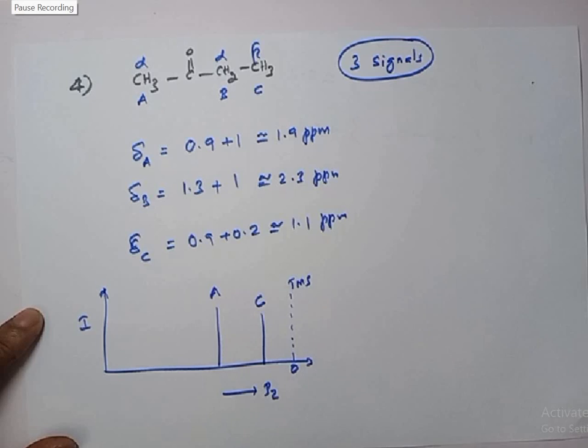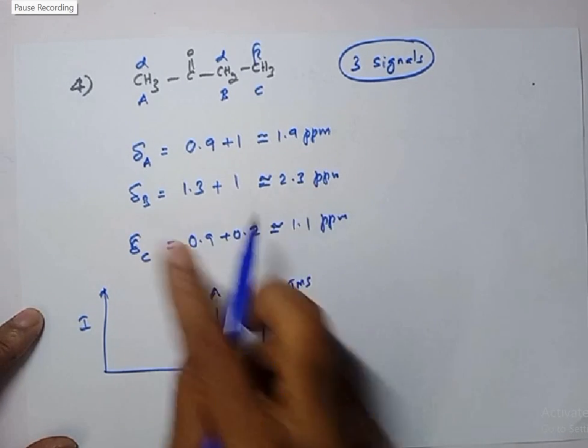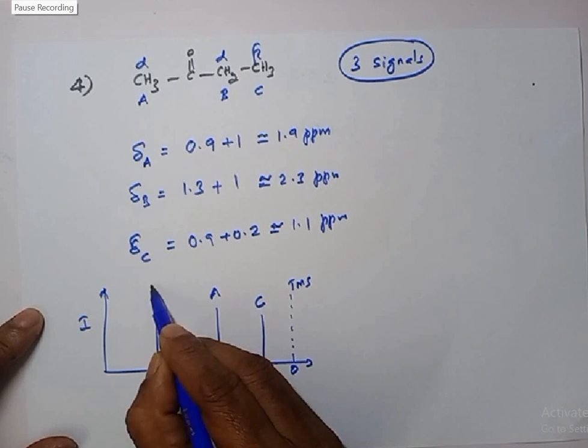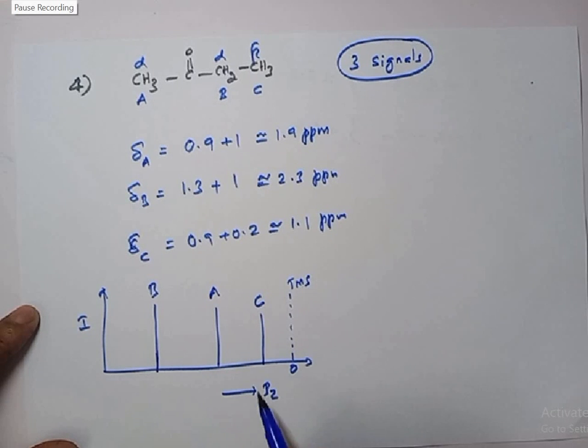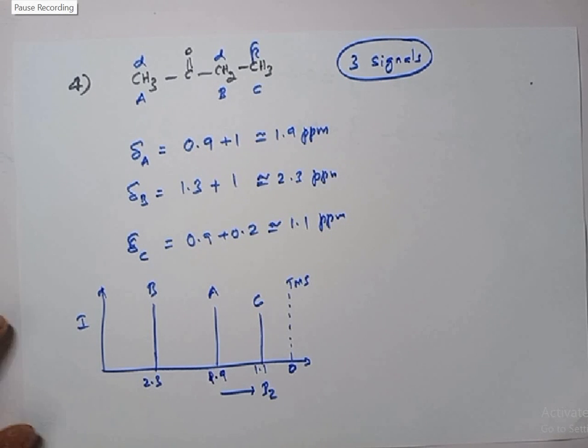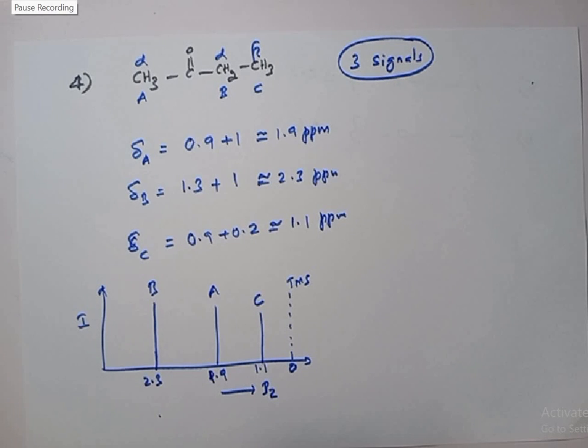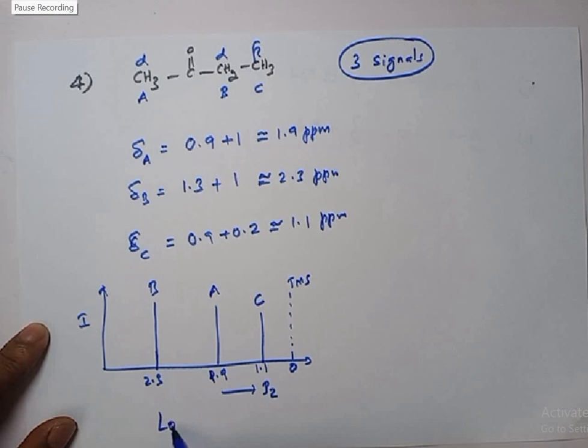Then chemical shift 2.3, that is the B proton, will give a signal here. So the C proton appears at 1.1, the A proton at 1.9, and the B proton at 2.3 chemical shift value. Okay. This is low resolution NMR.